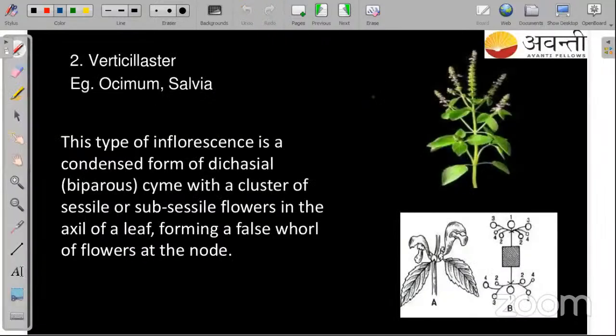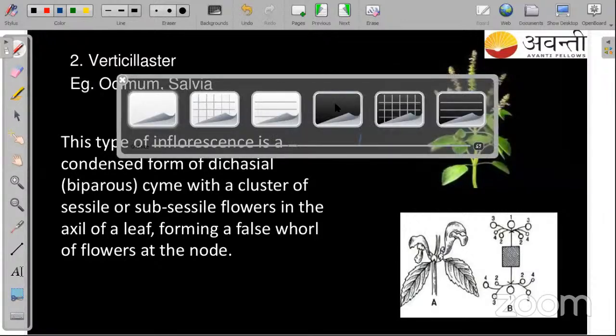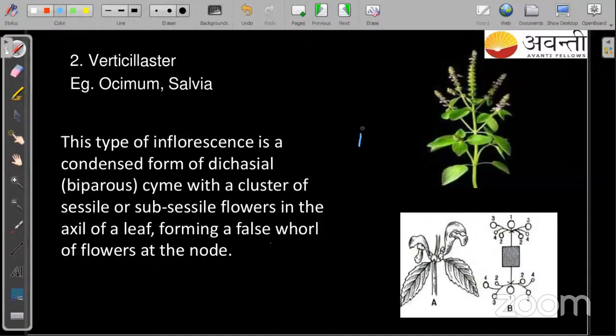Then what is the actual meaning of it? Actually, this is a type of biparous cyme. We already discussed the biparous. In case of biparous, there is development of flowers like that. For example, this is one flower, and after that two lateral flowers develop here, and this is the main part.